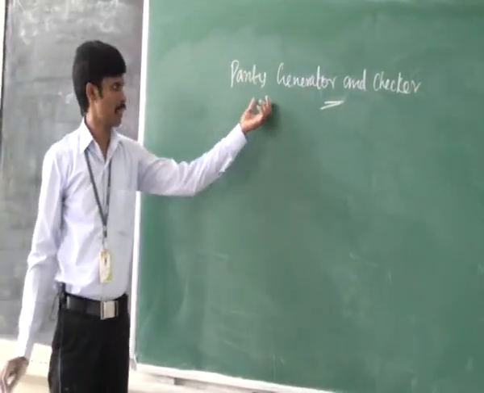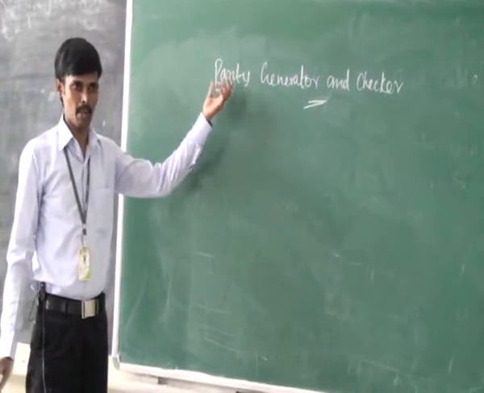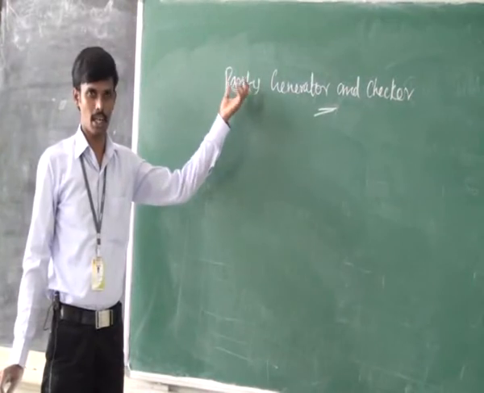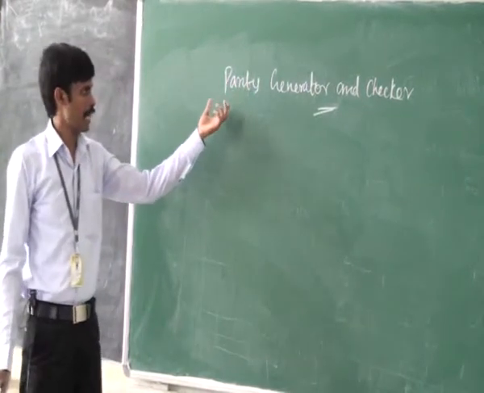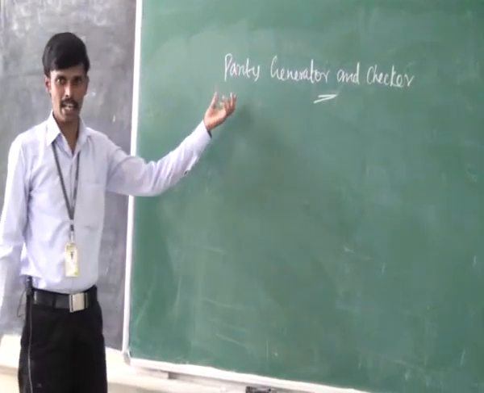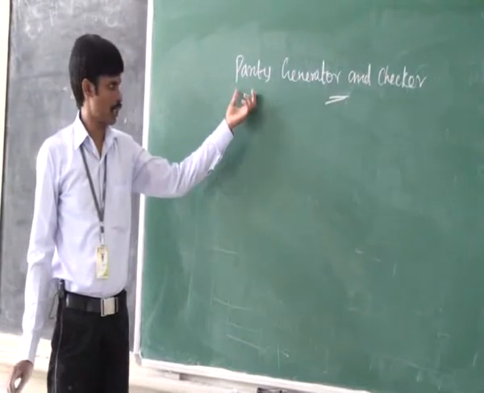What is meant by parity? Parity is an extra bit included with the binary message to transmit from one location to another location. Parity bit is used to detect the errors during the transmission of binary message from one location to another location.